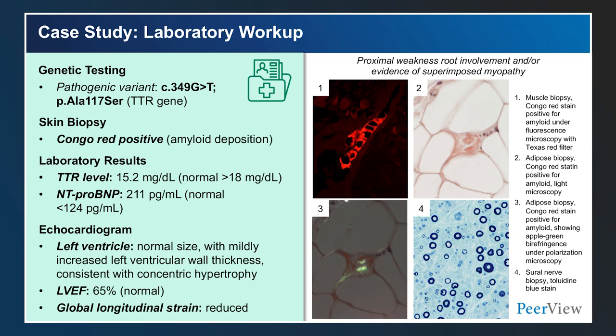In this patient, because of the aggressiveness of the disease, we did everything. We did genetic testing. We also did the nerve and muscle biopsy, and the muscle shows Congo red deposition. The fat around the nerve also had the green birefringence on the polarized lens.